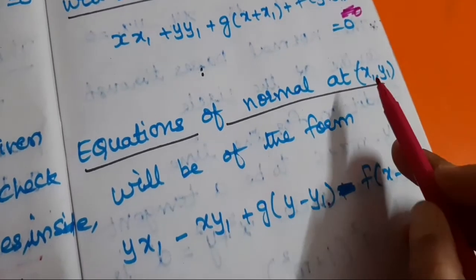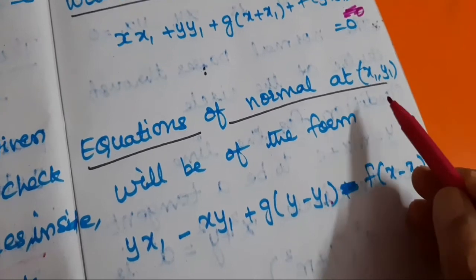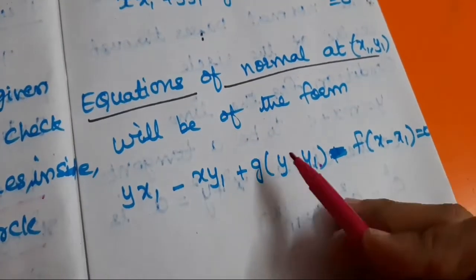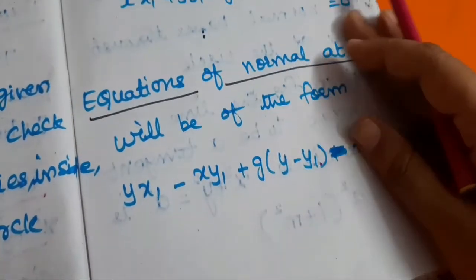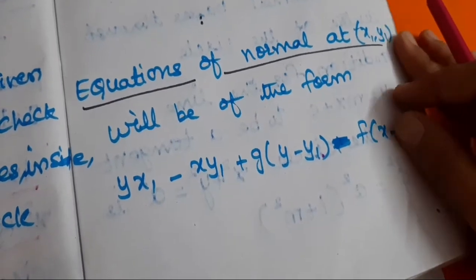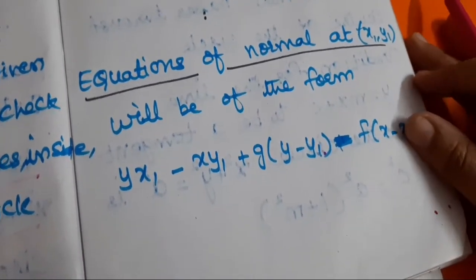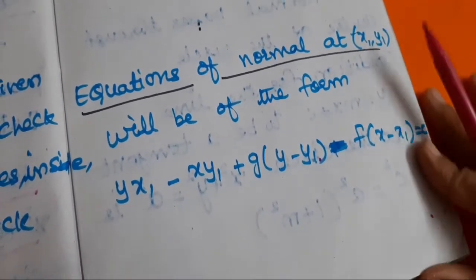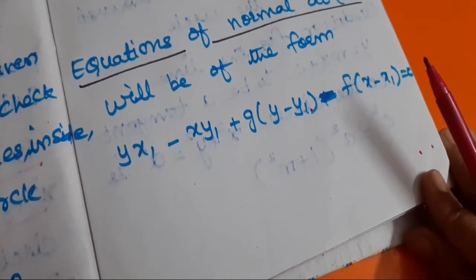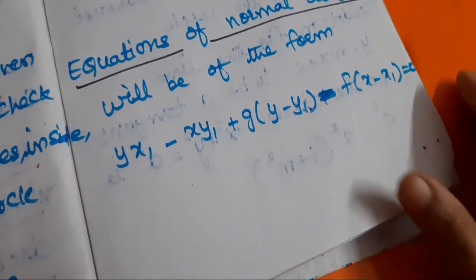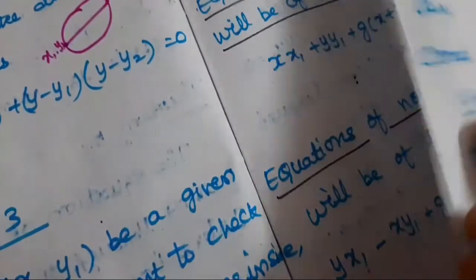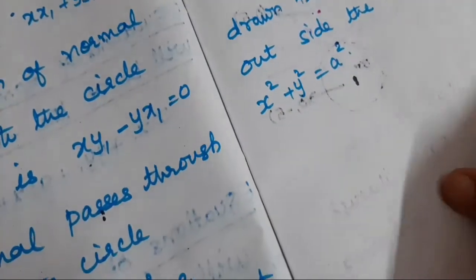The normal equation of the circle at (x1, y1) will be of the form y x1 − x y1 + g(y − y1) − f(x − x1) = 0. So this is the equation of the normal.